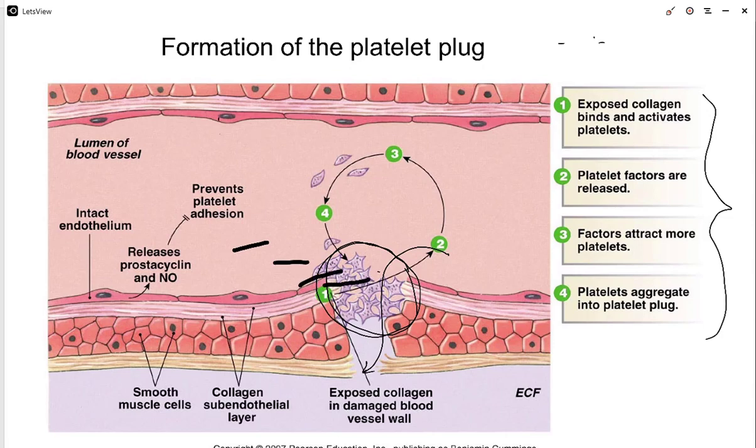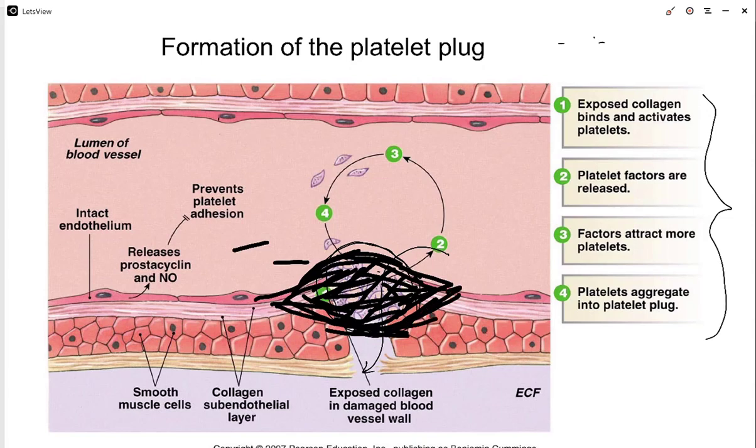So don't draw this out yet, I'll draw it for you separately, but what we're going to want to do is basically reinforce this with a very tight basket mesh weave of what is called fibrin. Then you have what you might know of as a scab. That is a clot. The formal name for a clot is a thrombus. So our next step is going to be to basically lay down fibrin mesh over this platelet plug to reinforce the platelet plug and produce a true clot.